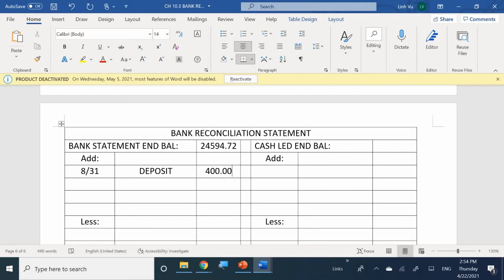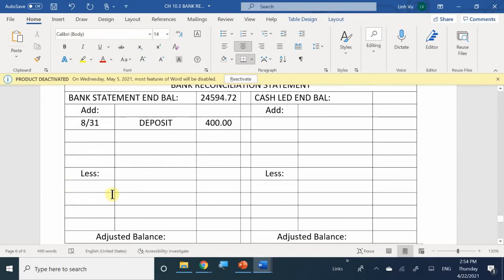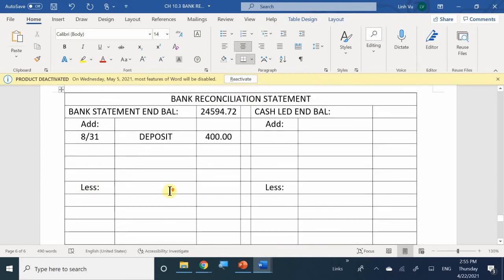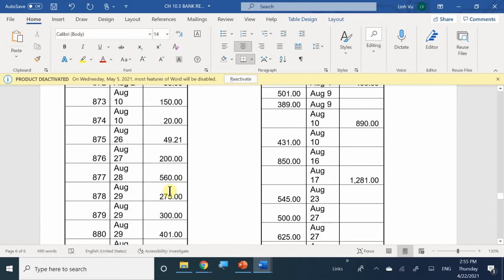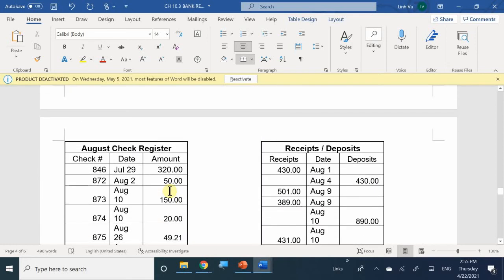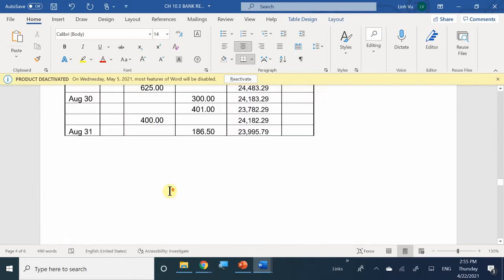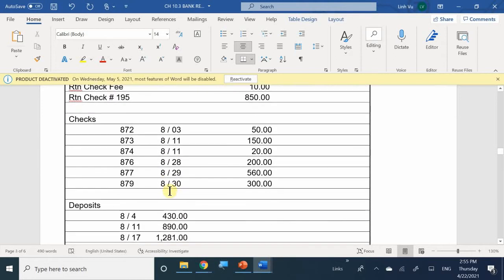All right. What else? Now, what's next? What are we going to be subtracting out from our bank statement? The uncleared checks, so outstanding checks. In this case, how many checks actually cleared in our bank? 6 of them.